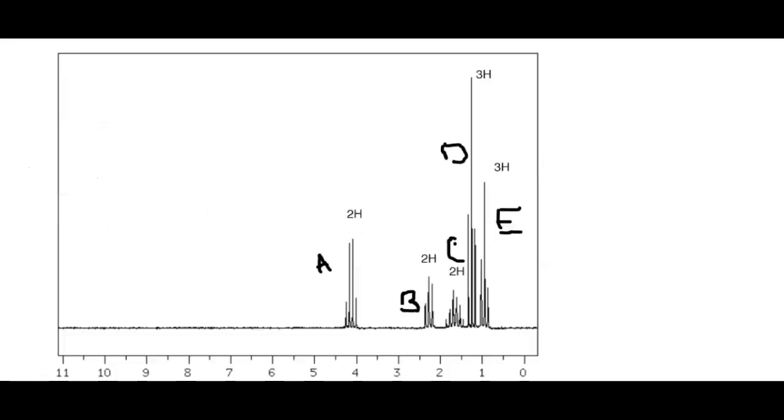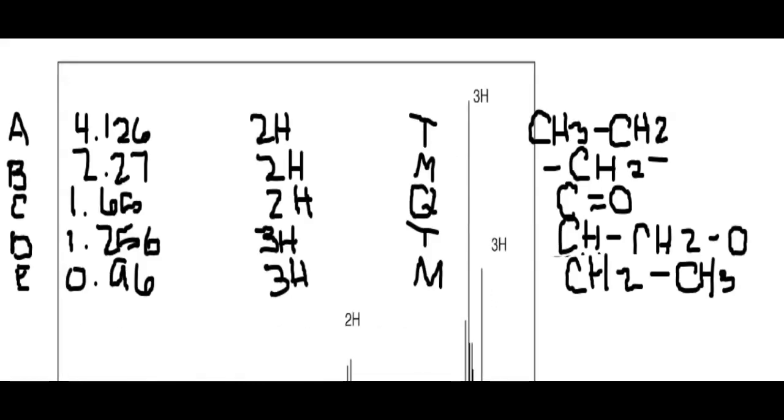And for the last spectra, we have the hydrogen spectra. So I just went ahead and started to draw what I have written on my paper. And now, as we see, we have A, B, C, D, E. I also went ahead and already filled out the table. So here we have A through E, and first we have A, which is 4.126, with an integration of 2H.